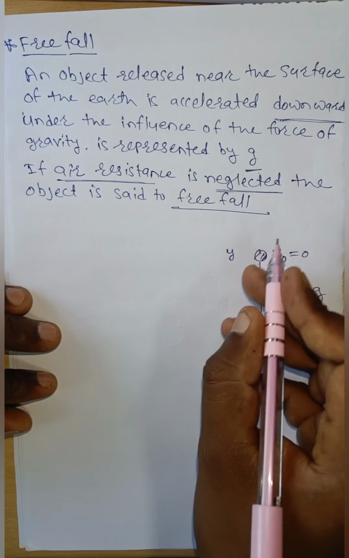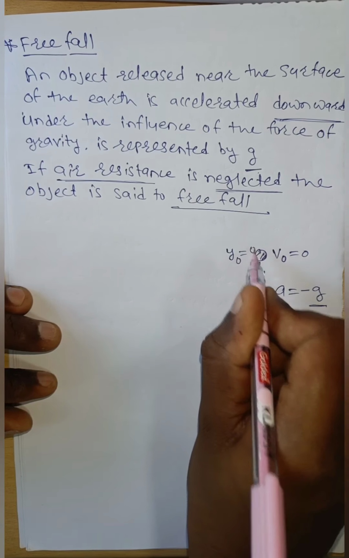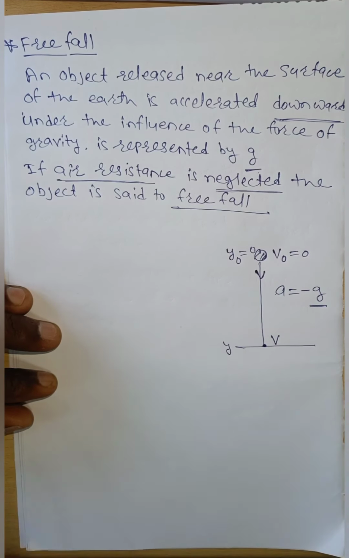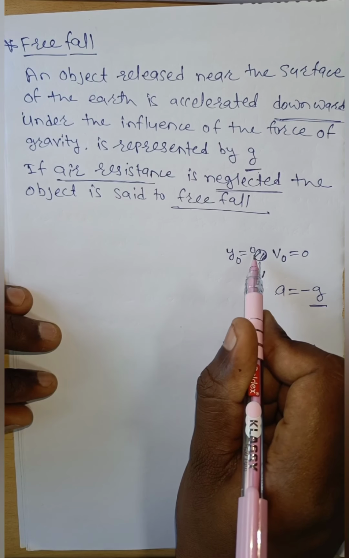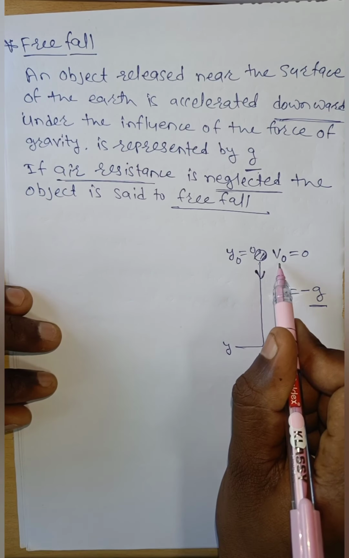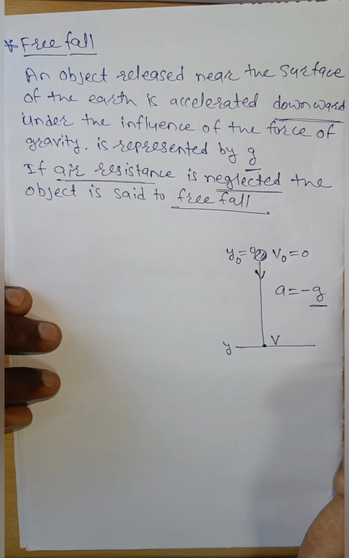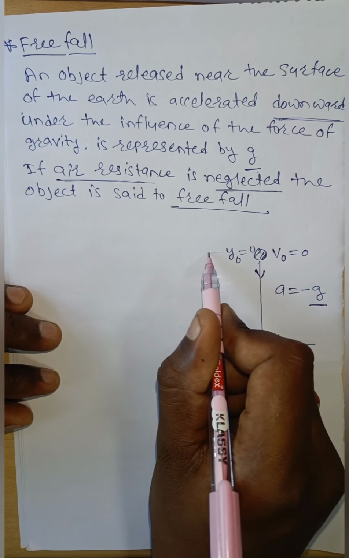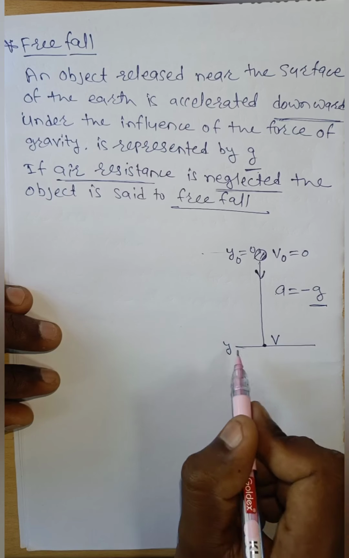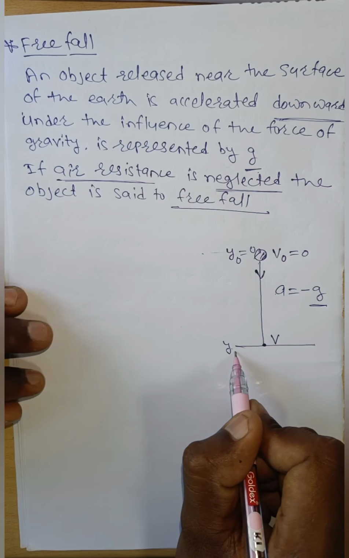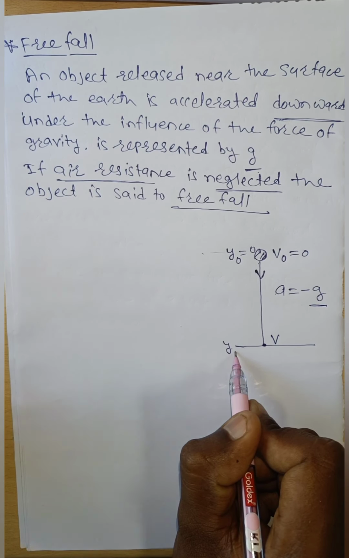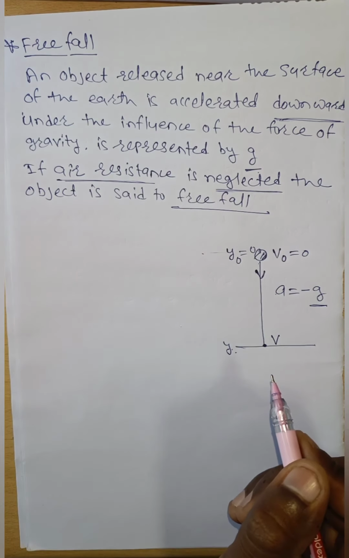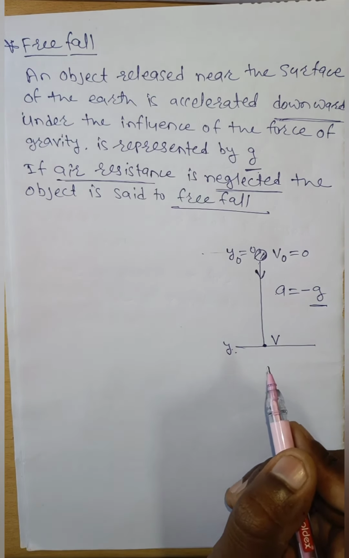Initial position y naught is 0, and this is the final position y. Initial position y naught is 0, and initial velocity v naught is 0. From here we say this is the origin, and this is in a downward direction. Therefore this is the final distance. Final distance is y, and here is the origin.